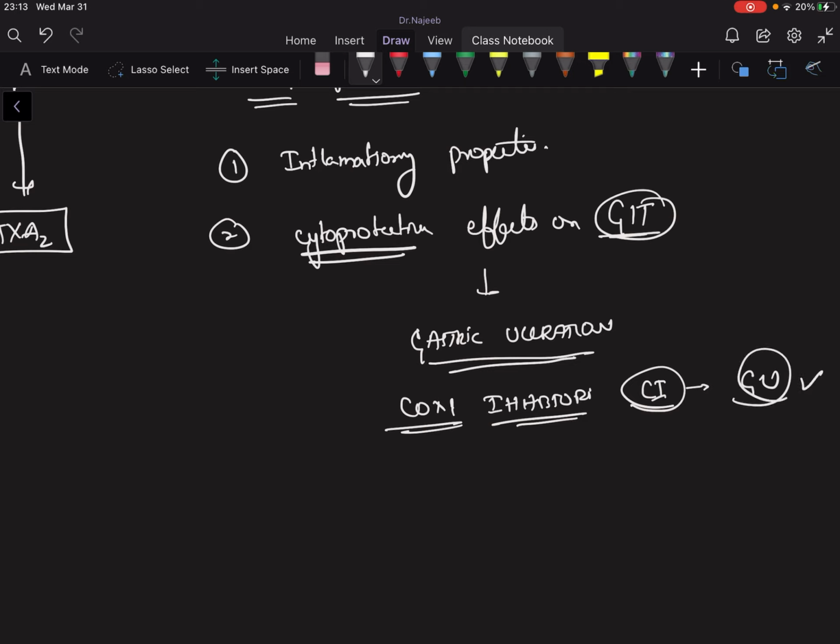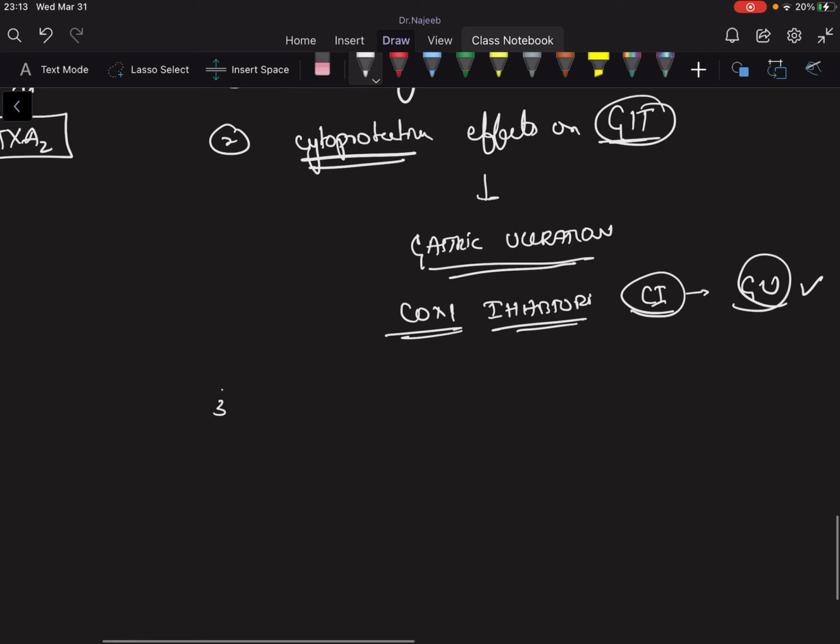You have to be careful with those people who have a gastric ulcer in their stomach. Not only that, they maintain the fluid and electrolyte balance in the kidneys.